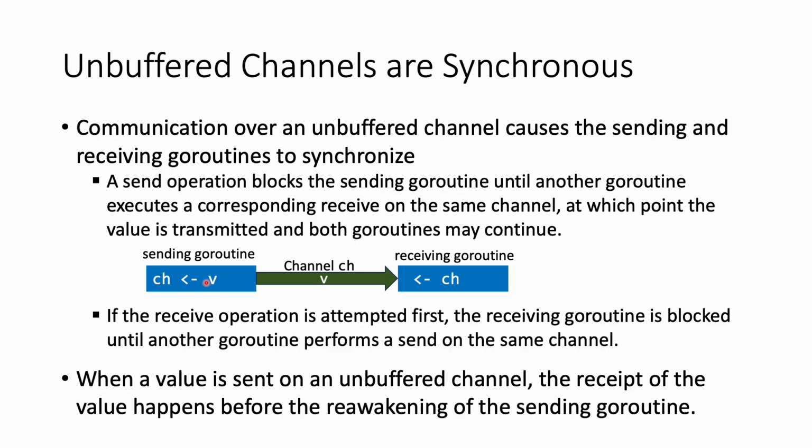When a value is sent on an unbuffered channel, the receipt of the value happens before the reawakening of the sending goroutine. This means that the value must be received before the sending goroutine is unblocked.